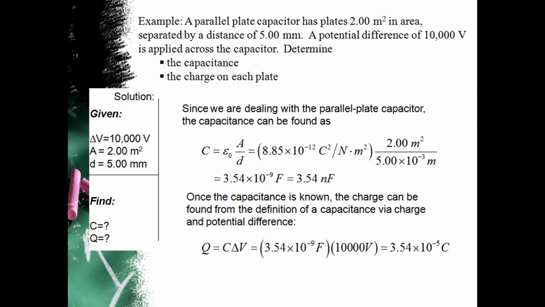For this case, the permittivity of free space is 8.85 times 10 raised to negative 12 coulomb squared over Newton meter squared, times the area, which is 2.00 meters squared, over the distance, which is 5.00 times 10 raised to negative 3 meter, since milli is times 10 raised to negative 3.